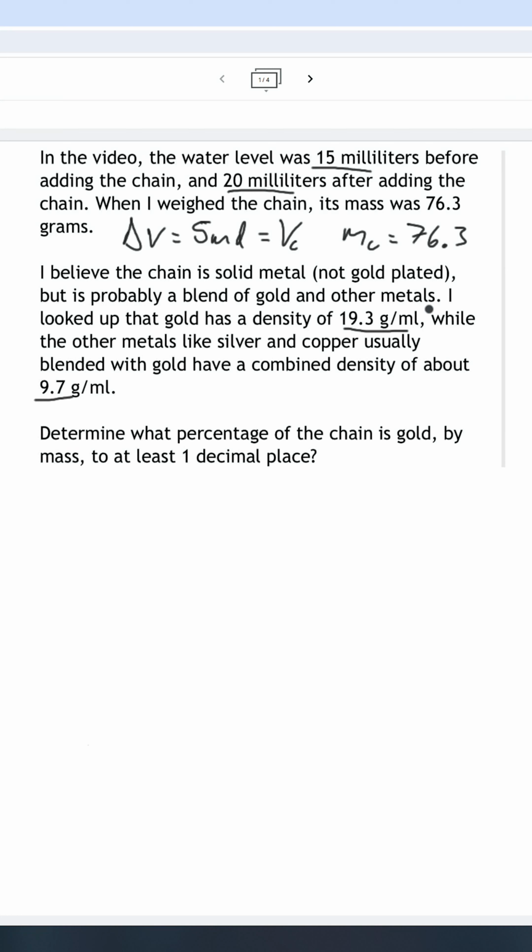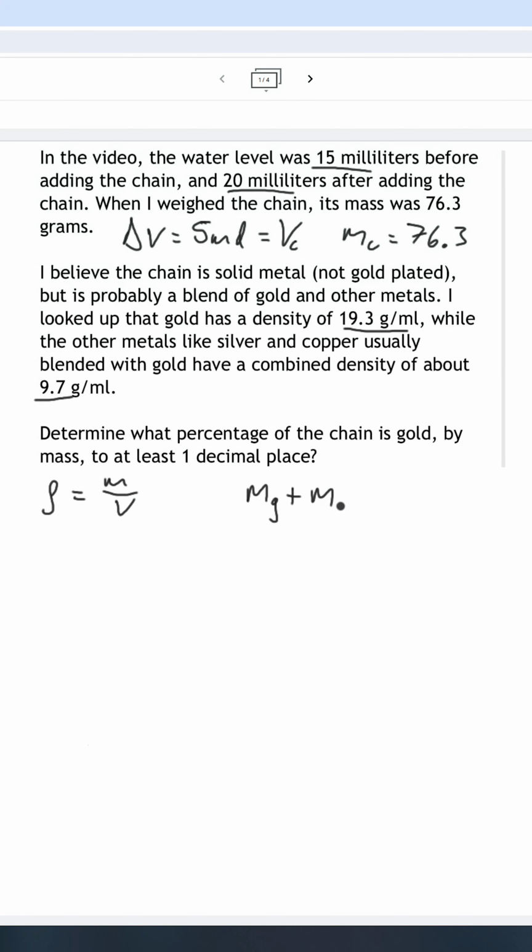All right, so we're going to use the formula of density. So you have to remember that density equals mass over volume, and we're going to use that in a little while. And so we have to start making our system of equations. And we can start with the mass, for example. So one of the equations that we could do is the mass of the gold used for the chain plus all of the mass used in other metals.